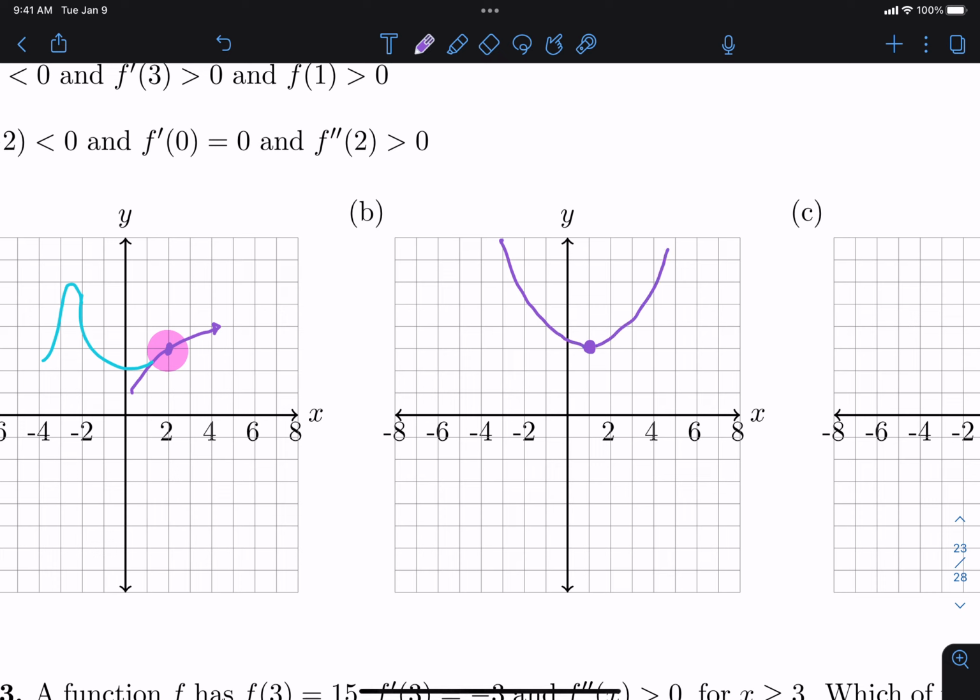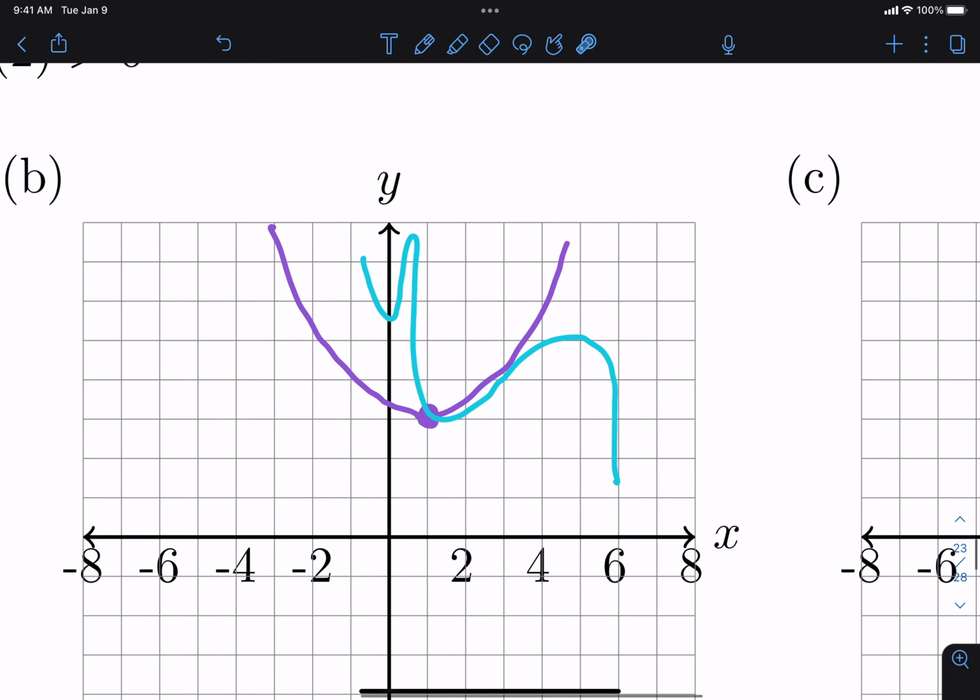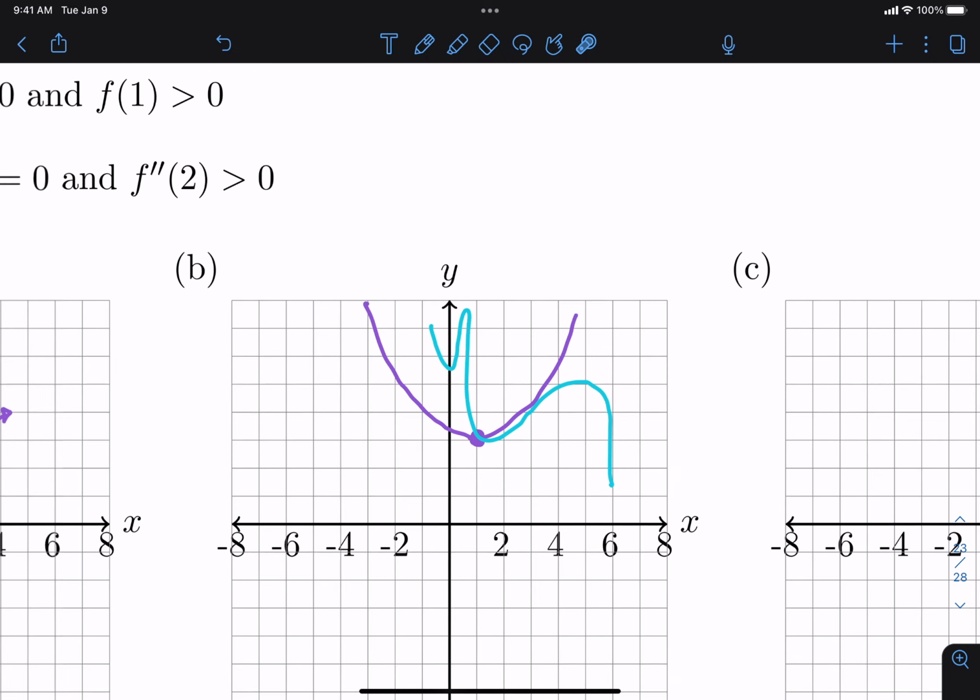One simple way to connect these would be to draw something which looks like that. But here's another way you could have drawn it. You could have drawn something like this. Whatever. But these two graphs have the same features in that they're above the x-axis when the x value is 1.